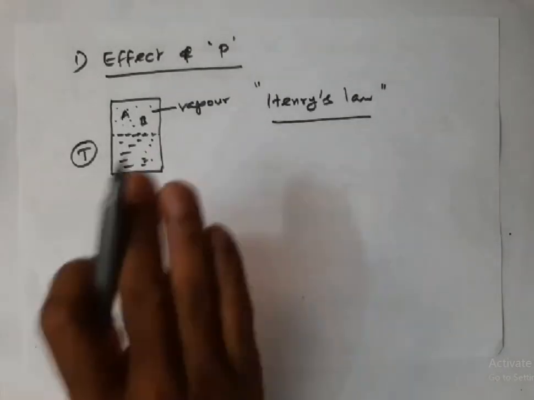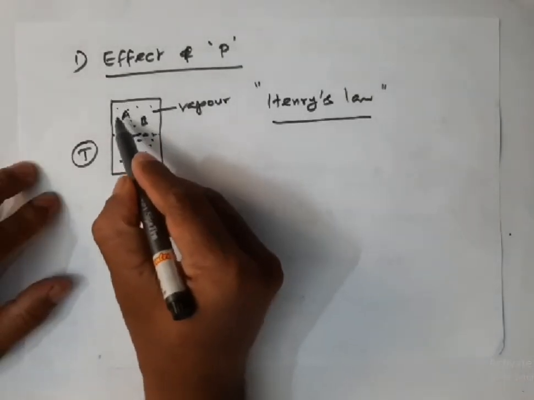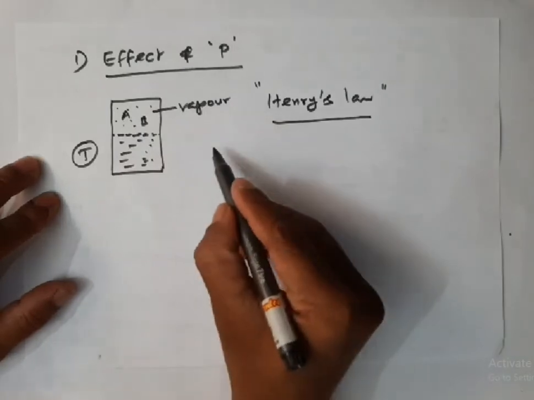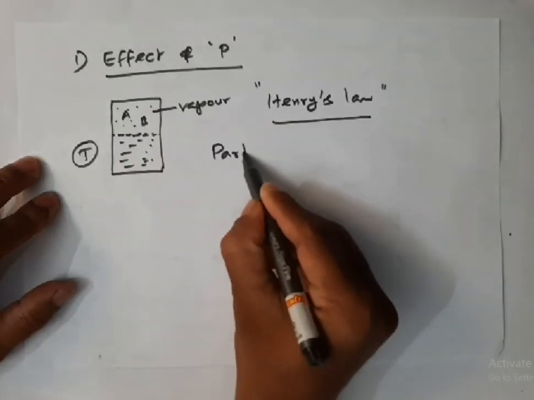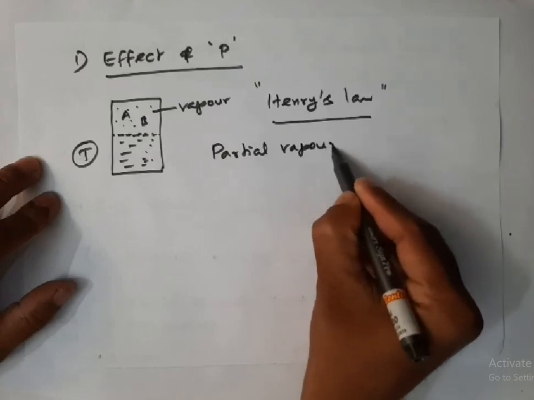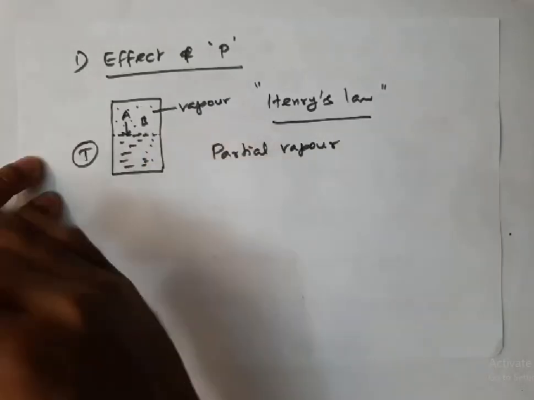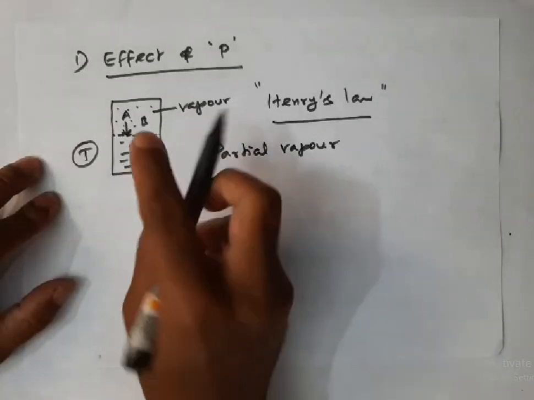the partial vapor pressure. The vapor above the liquid will exert some pressure on the surface of the liquid. Students, observe carefully.